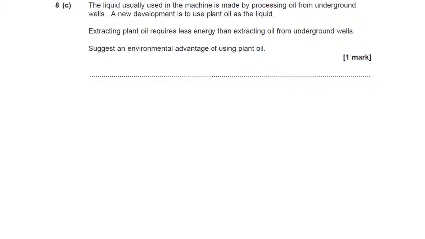There are several correct answers to part C. It tells us in the question that extracting plant oil requires less energy than extracting oil from underground wells. If it requires less energy, then it requires less electricity, and an environmental advantage of using less electricity is less CO2 will be released.